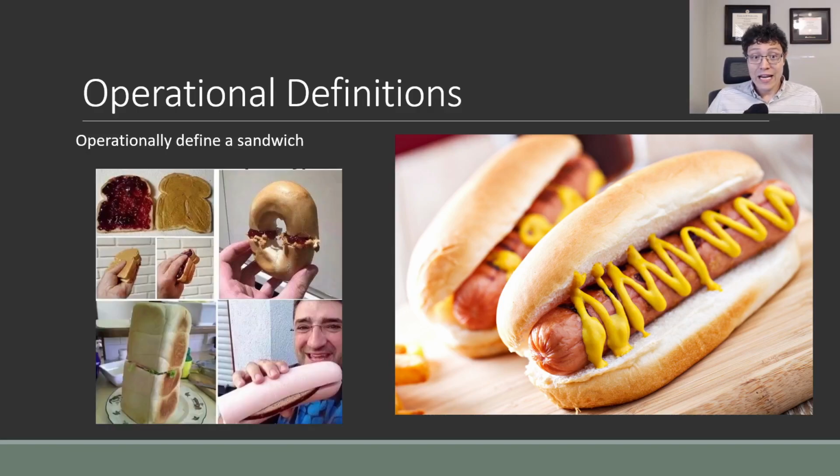No, right? And if it's 2 pieces of bread with something between it, is this guy a sandwich? Makes you question some things. So the idea is that even asking you to define what a sandwich is, something that we all know, can be a little tricky. So imagine how we have to define happiness or love, as we'll talk about later.